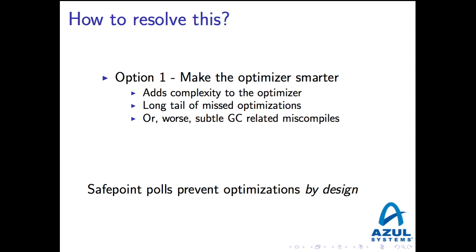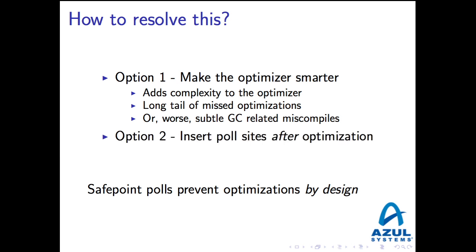Because the community of people who are interested in GC is relatively small compared to the overall LLVM community, it also creates the likelihood of a long tail of optimization work that needs to be done piece by piece, and also the more worrisome potential for latent bugs that are only visible to a very small fraction of the LLVM community. From a practical perspective, based on conversations with folks in this room, I believe this isn't really a viable option.